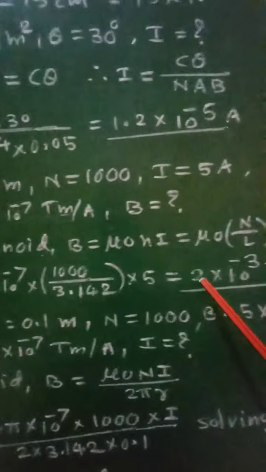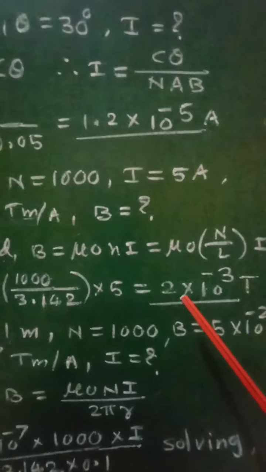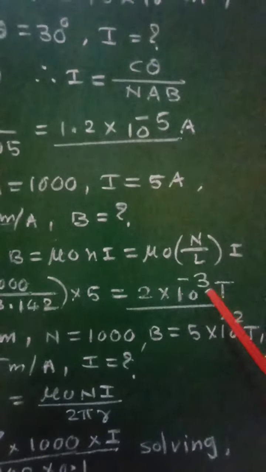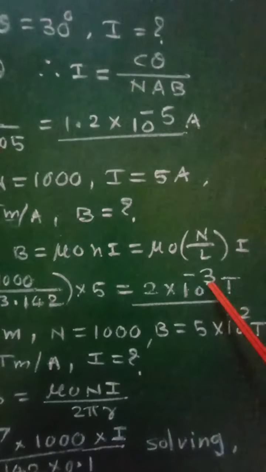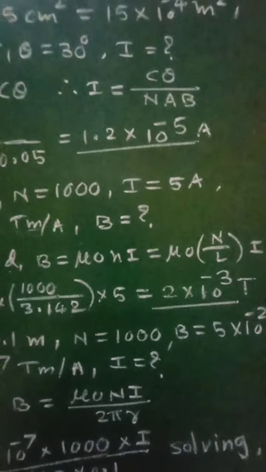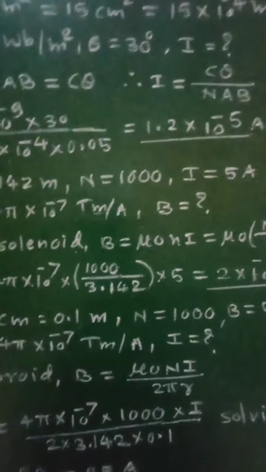After calculating, we will get B equal to 2 into 10 raised to minus 3 Tesla, which is the required magnetic field.